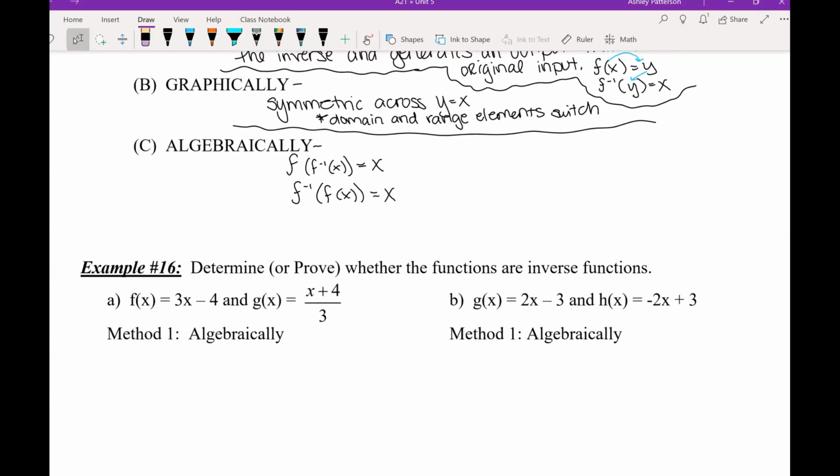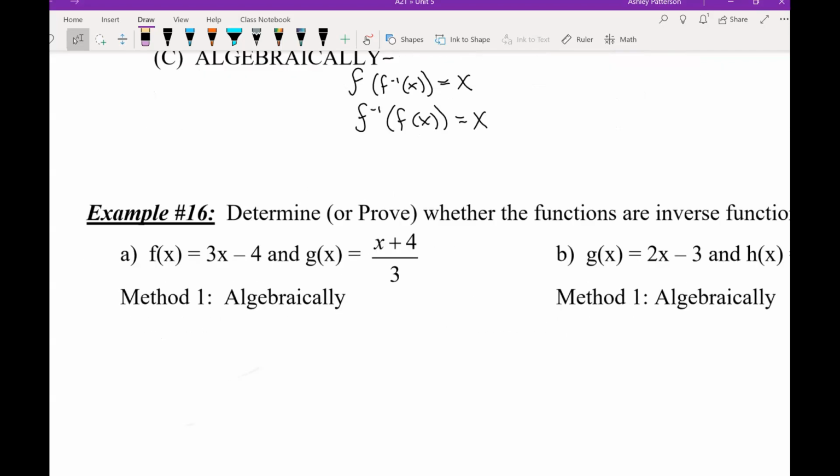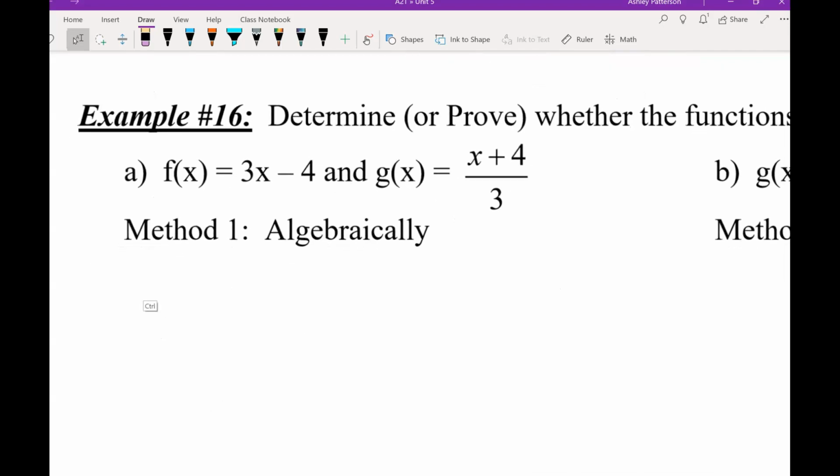Example number 16. Determine or prove whether the functions are inverses or not. Okay, so looking at the first one, we're given f of x and g of x. So I'm going to first compose, because it asks algebraically, for f of g of x. That means I'm going to take f and I'm going to substitute in g of x, which is x plus 4 over 3.